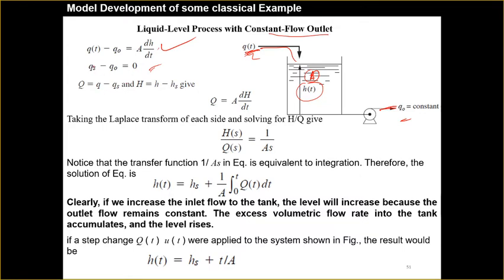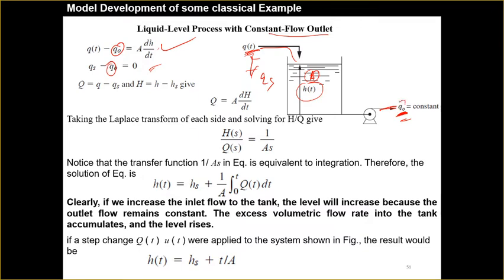So just take the deviation variable q minus qs. At the steady state it remains the same because q naught is a constant value. In the initial condition, qt minus q naught is equal to A dh by dt. In the steady state, it will go to the steady state value qs.